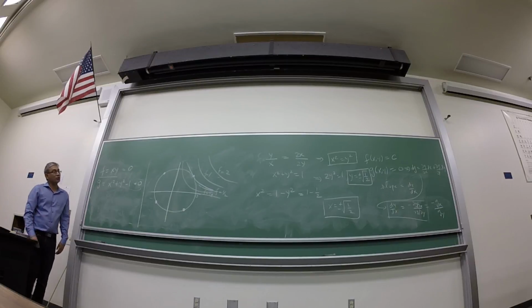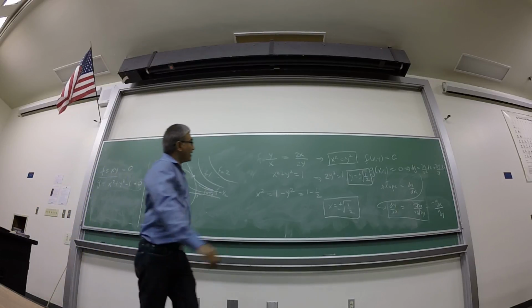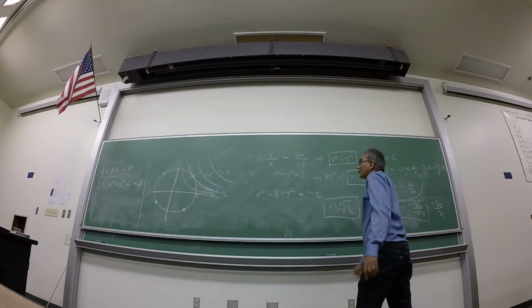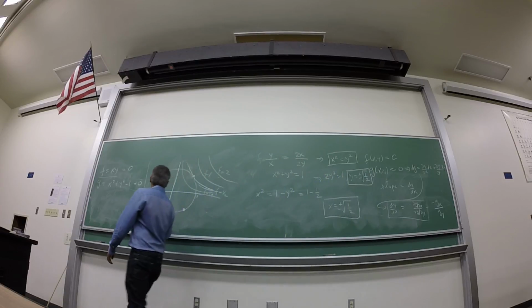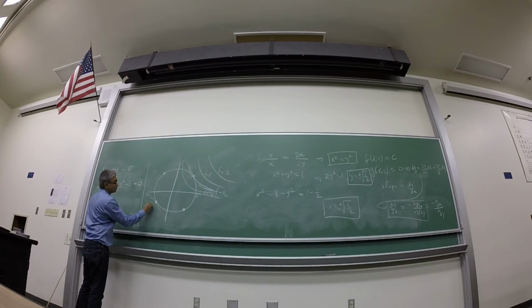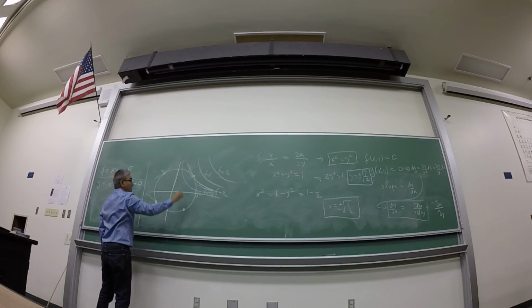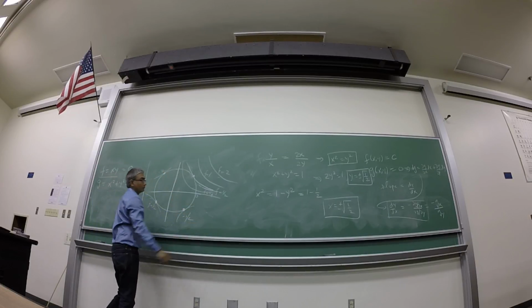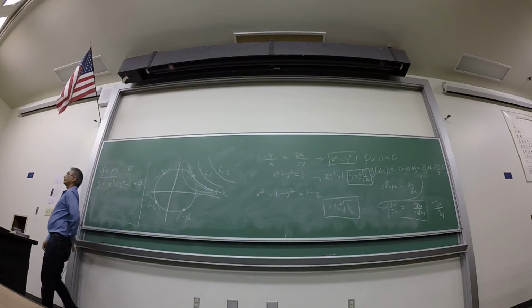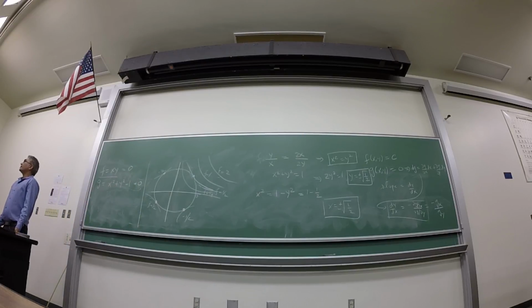So the maxima of course is f product, so basically half and half. So this is f equals to half, f equals to half. This is f equals to minus half, minus half. Right? Make sense?